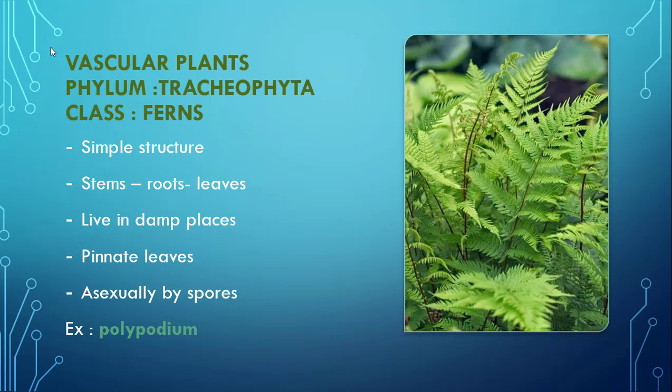Simple structure, they have stem, root, and leaves, live in damp places, have pinnate leaves, and reproduce asexually by spores. The example is Polypodium.